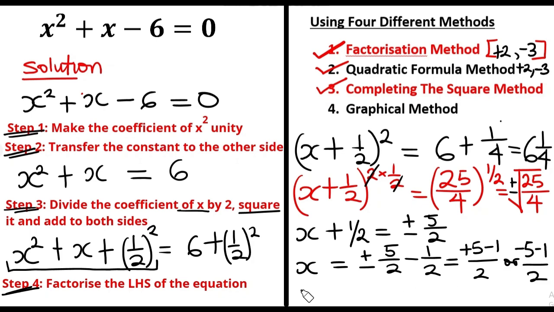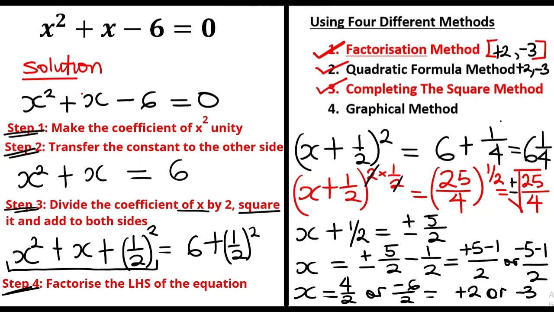That is 4 over 2, or minus 6 over 2, which is the same thing as 2, that is plus 2 or minus 3.